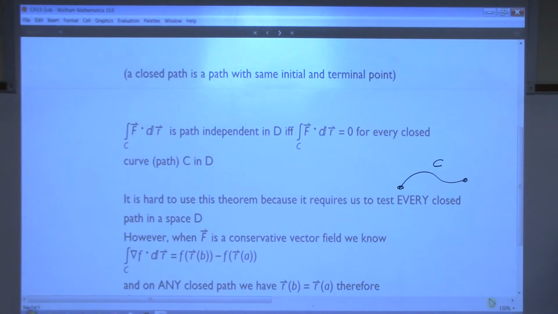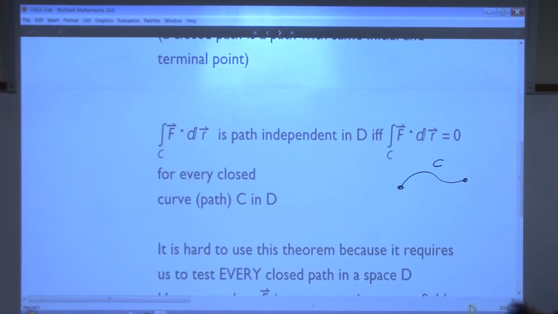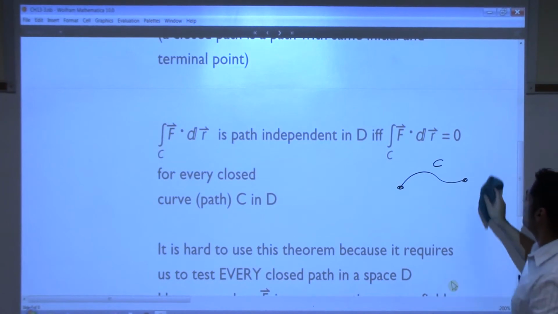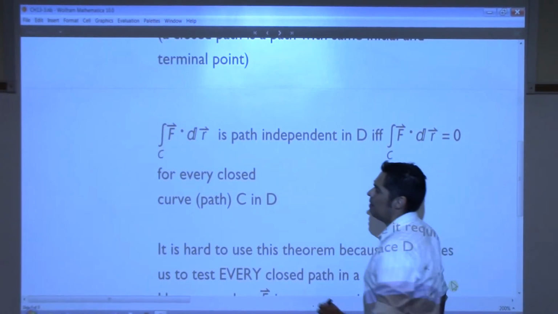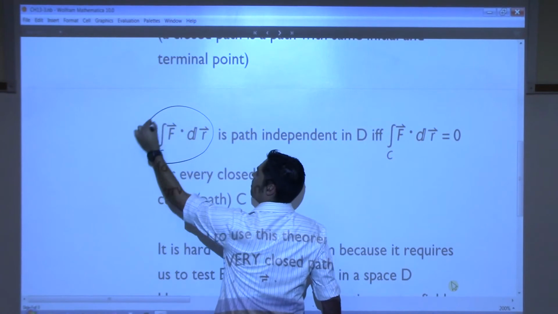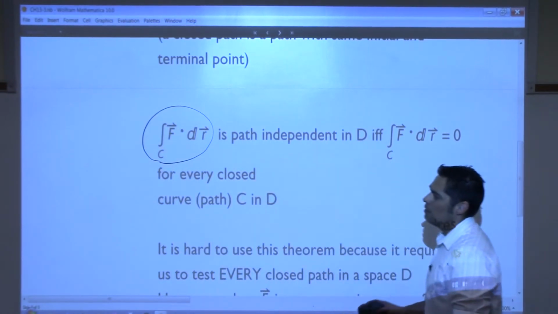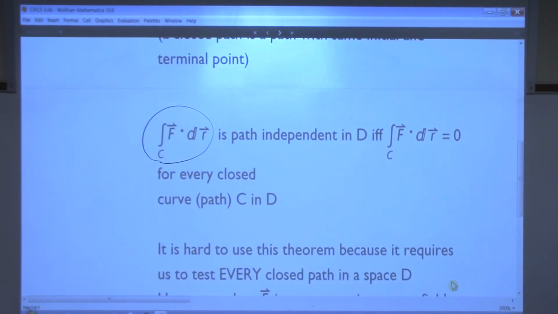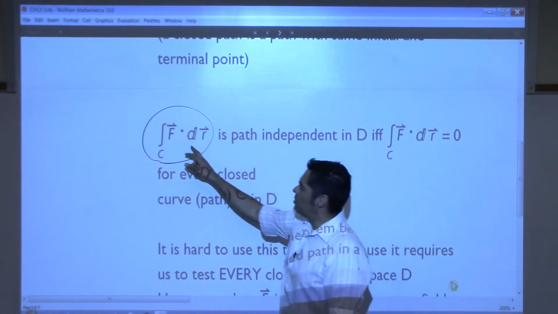With that in mind, we have this theorem. The theorem says that the line integral of a vector field over the curve C, F dot dr, which is work, right?